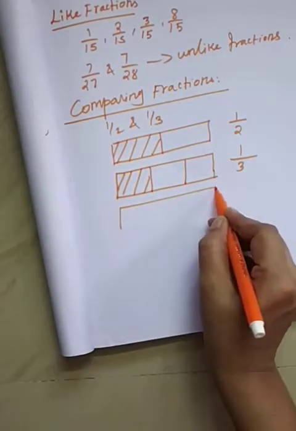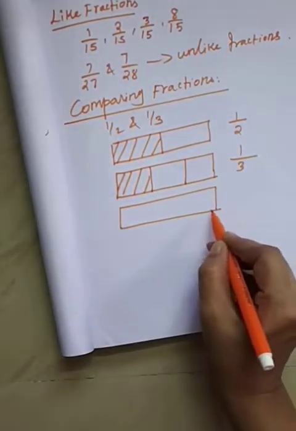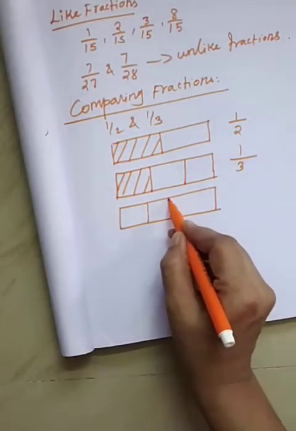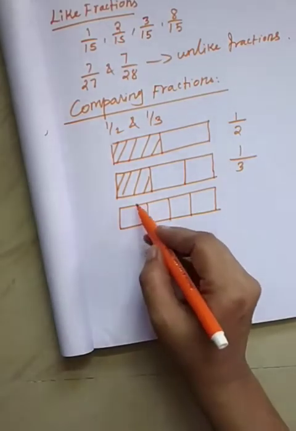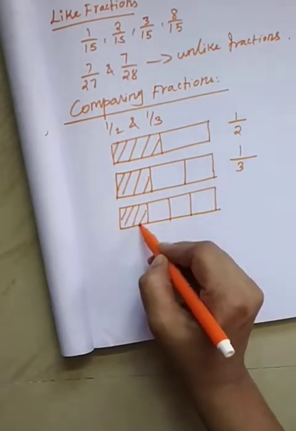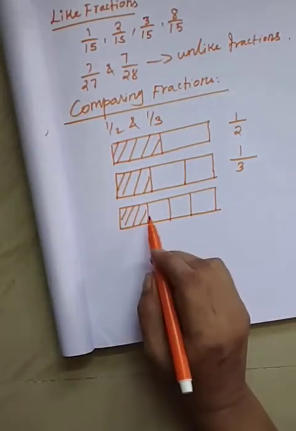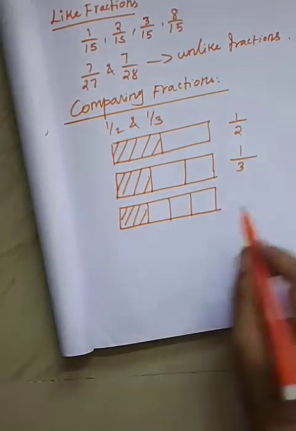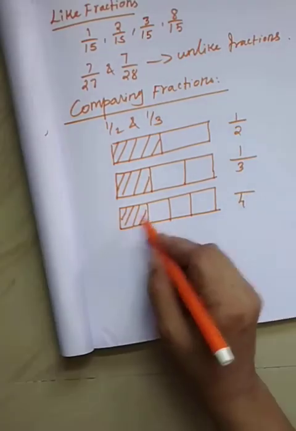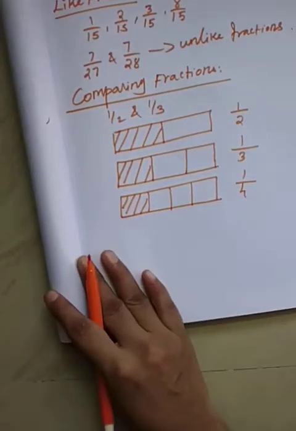Now see here, I have to split into 4 equal parts: 1, 2, 3, 4. Now I have to shade 1 part. How many parts are there? 1, 2, 3, 4. Shaded parts 1. So 1 by 4.